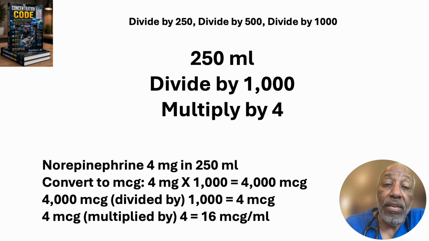So let's look at divide by 250, divide by 500, and divide by 1,000. These 3 shortcuts cover 90% of clinical bags. The most common IV bag volumes in emergency medicine are 250, 500, and 1,000 milliliters.